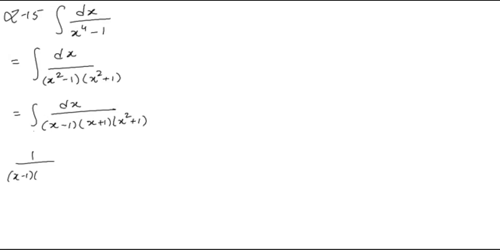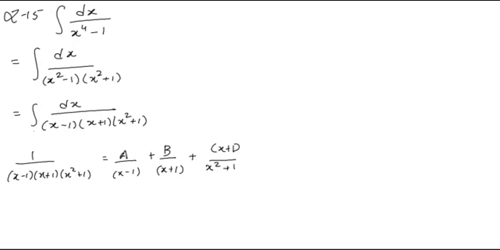I want to write this as a upon x minus 1 plus b upon x plus 1 plus cx plus d upon x square plus 1. Mind well, this is your quadratic term, so I have to write it as cx plus d.